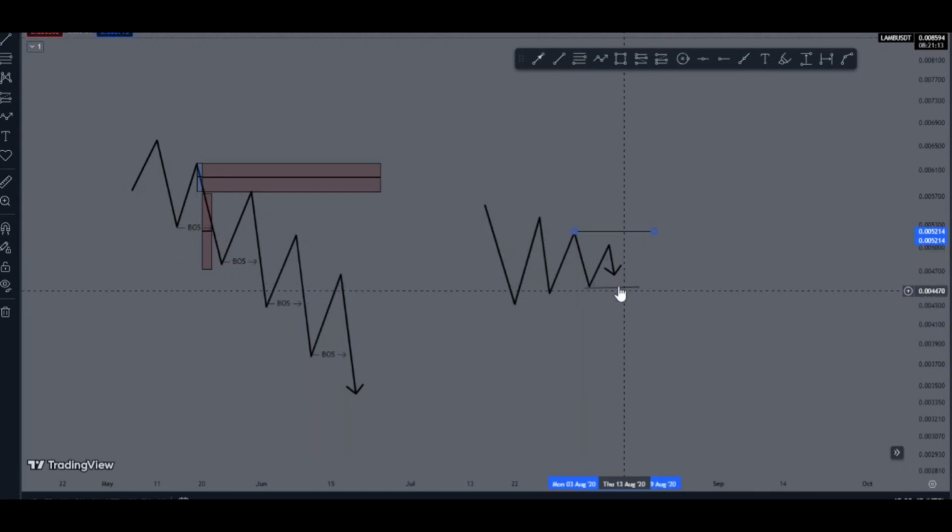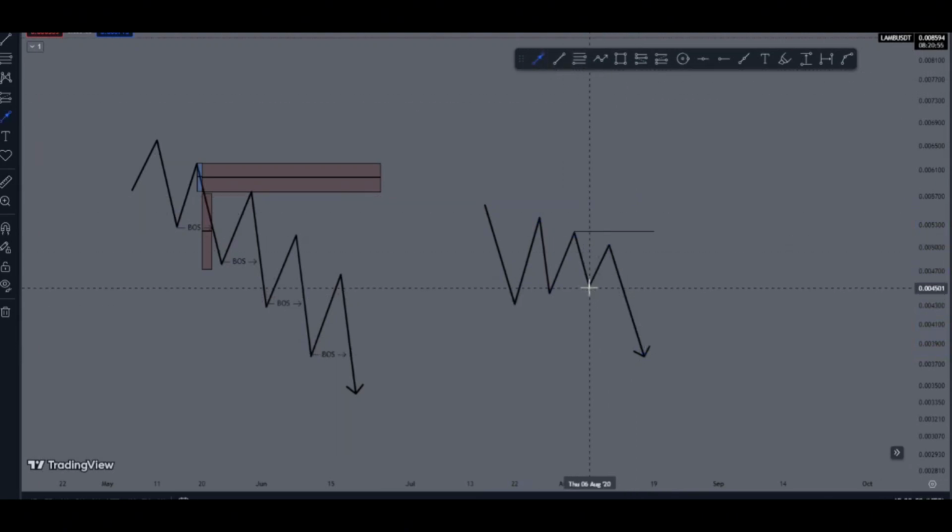Then fortunately the market takes out this low like this. So as a trader right now, you see the market has changed character downward.